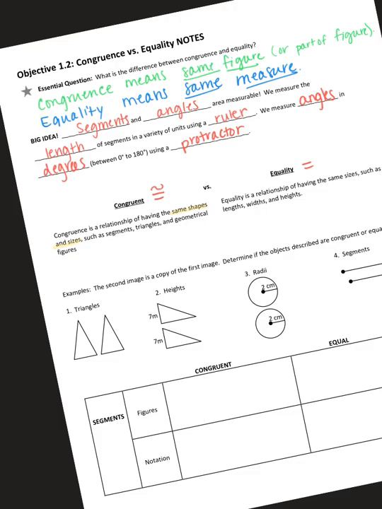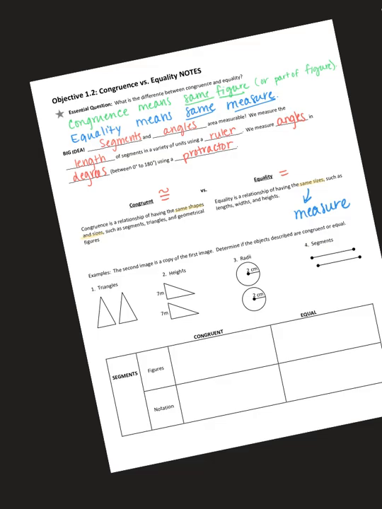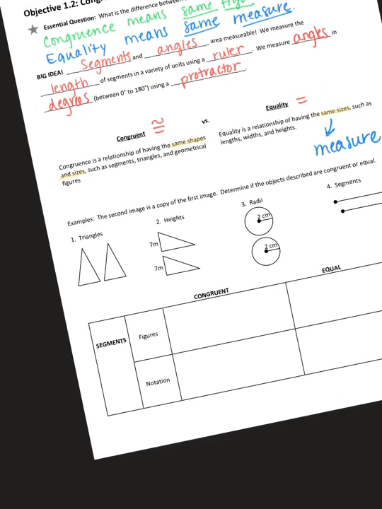Whereas equality is a relationship of having the same size, but it's a measure, right? So we should really add that it's as a measure, such as lengths, widths, and heights. If you think about two hexagons, we don't look at two hexagons that are exactly the same and say that those two hexagons are equal.